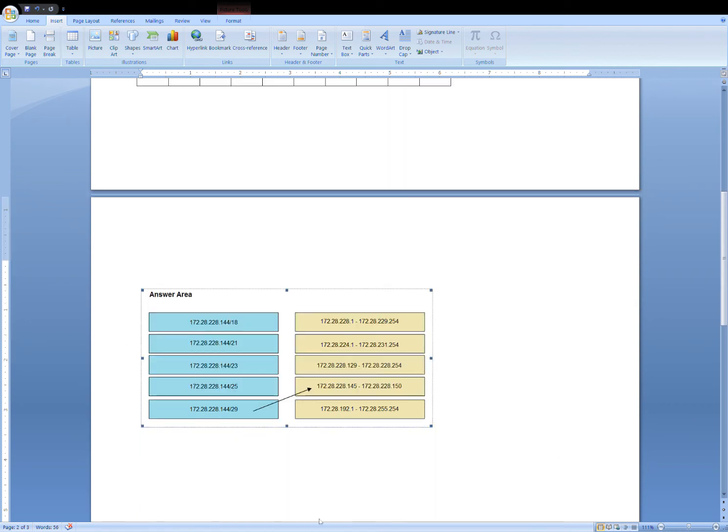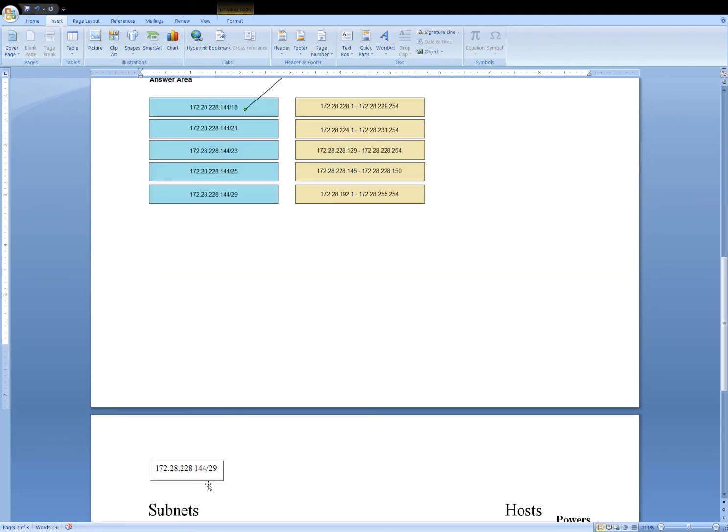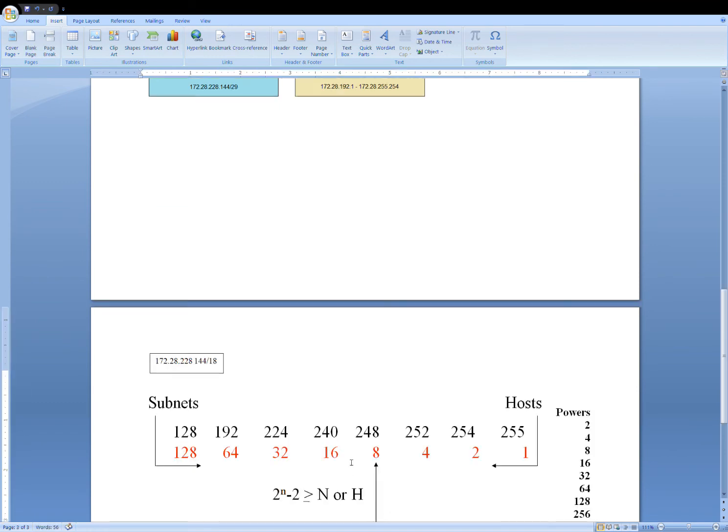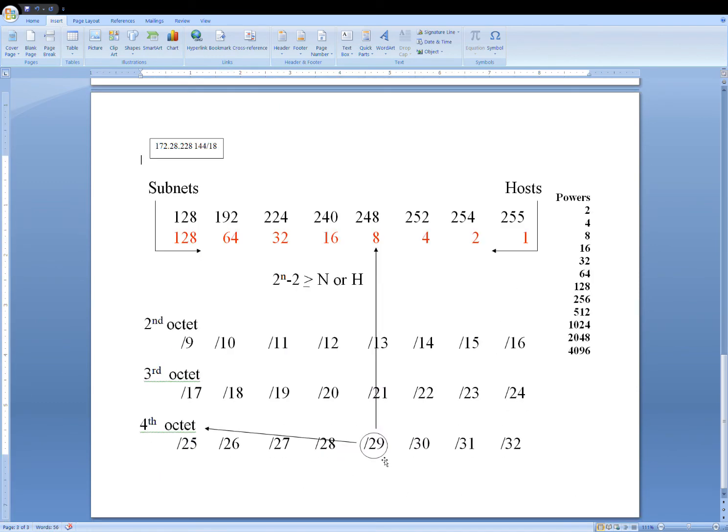All right, last example. Let's do this one. Figure out where that one goes. So we come down here, /18. Find /18 in the chart.